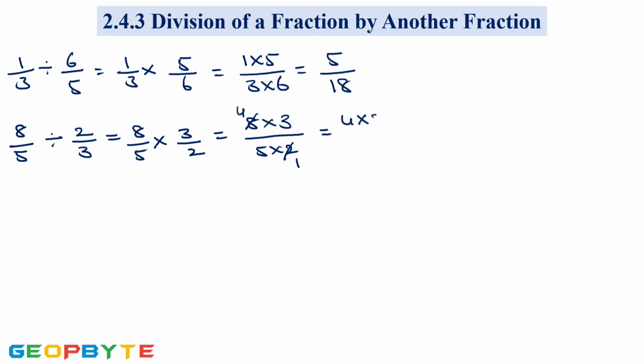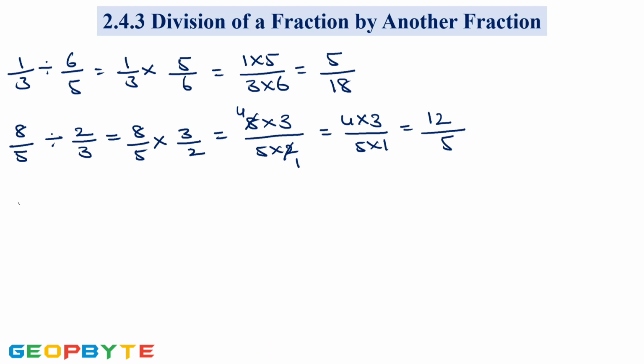Remaining is 4 into 3 by 5 into 1, which is equals to 4 threes are 12 by 5 ones are 5. So 12 by 5 is the result of 8 by 5 divided by 2 by 3.